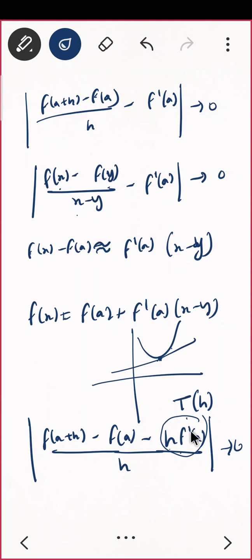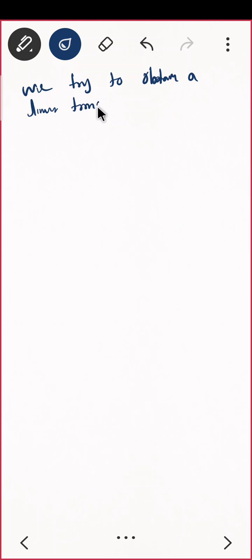Okay, that means let me just quickly write, we try to obtain a linear transformation T of h instead of f dash of e into h. Correct.